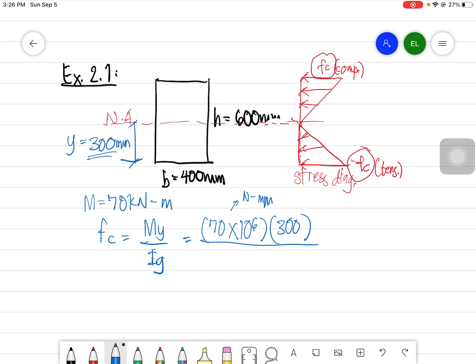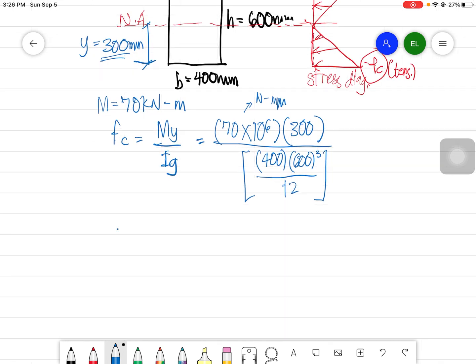which we could compute, this is b h cubed over 12. Okay, bh cubed over 12. So therefore FC is equal to 2.917 MPa.